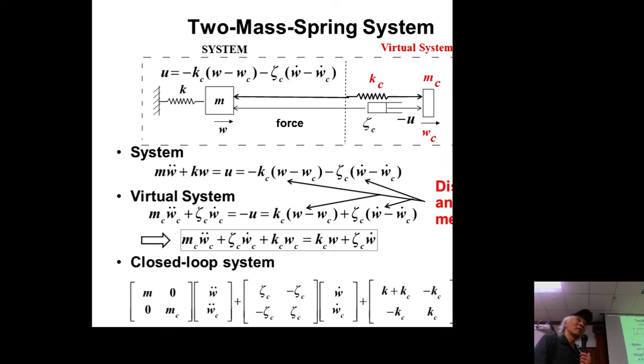The zeta c is my quantity. For this equation, it doesn't make sense, because if you have only displacement, your mimic system is the one in the last slide. Then I will show you that you can change it to something else. You can use the acceleration measurement to do this kind of figure.